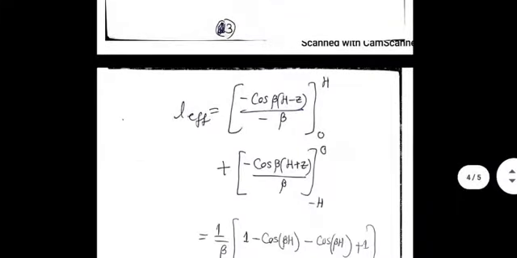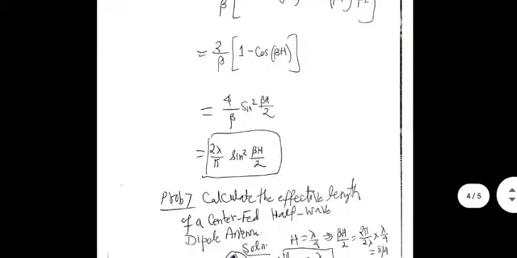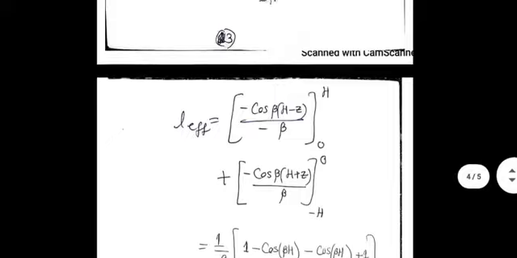I've tried to simplify this result by doing integration and putting the limits. I ended up getting this equation. I'll double check this before I send you the document because I have some doubts about it. Actually, sine square should not be coming.